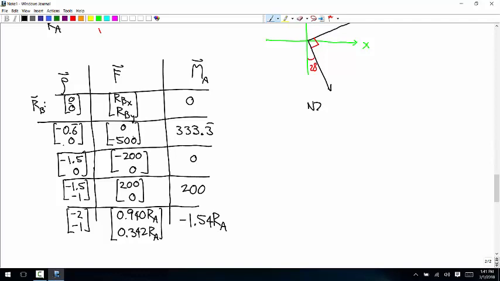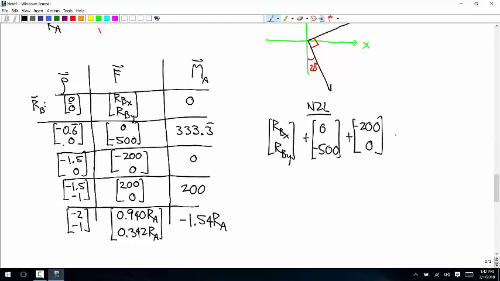And now, Newton's second law says RBX, RBY, plus 0, negative 500, plus negative 200, 0, plus positive 200, 0, plus 0.94 RA, 0.342 RA is equal to zeros.